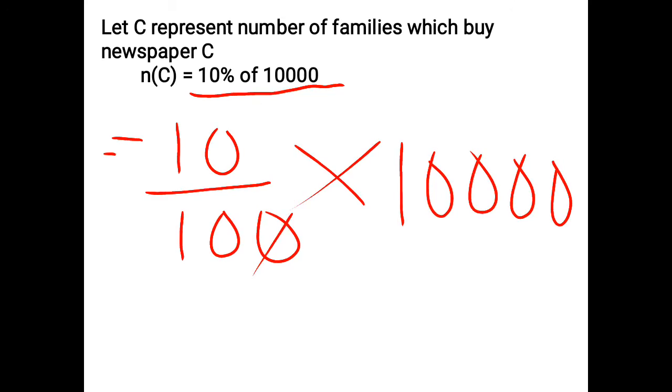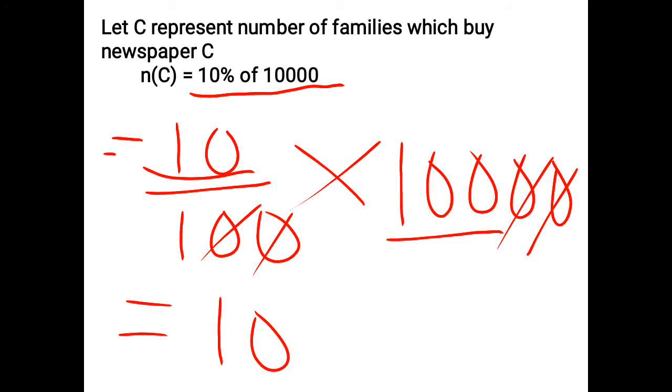Right, so these 2 zeros again will cancel these 2 zeros. We are left with 10 times 100, which is going to be 1,000 families.